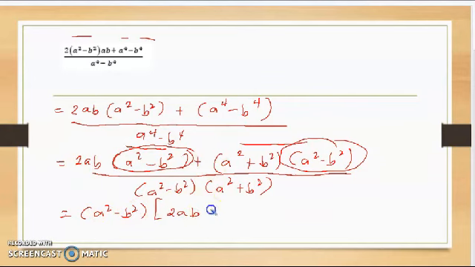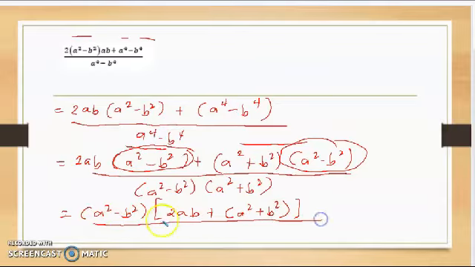And then plus second term divided by a square minus b square is equal to a square plus b square. So a square plus b square. Then all over the quantity of a square minus b squared times the quantity of a square plus b squared.